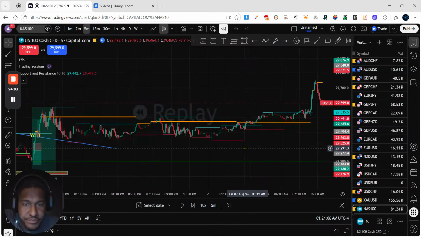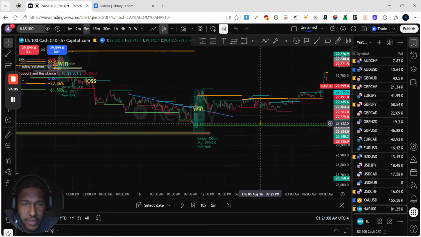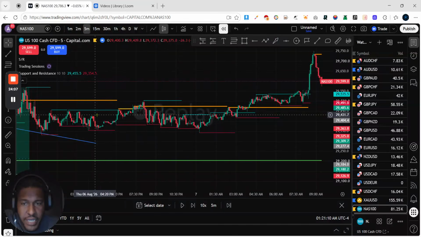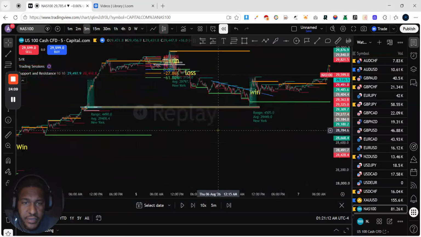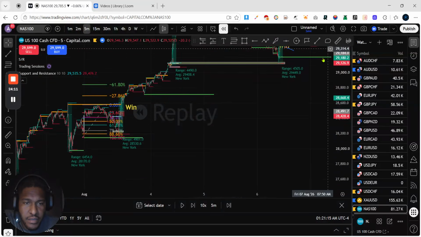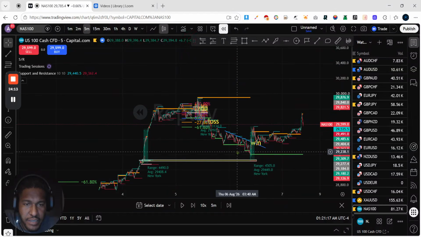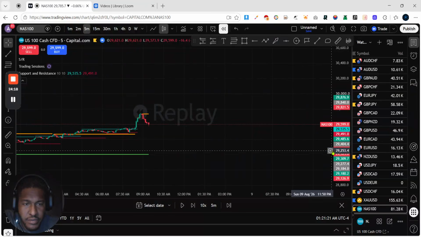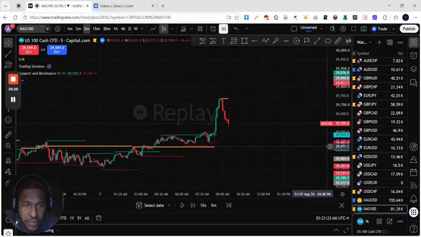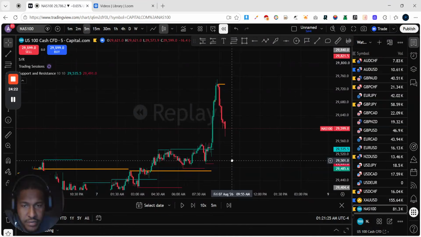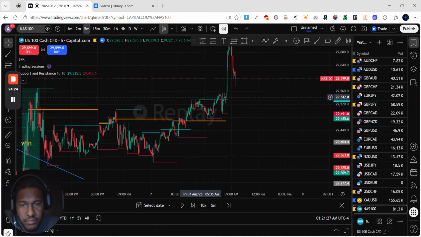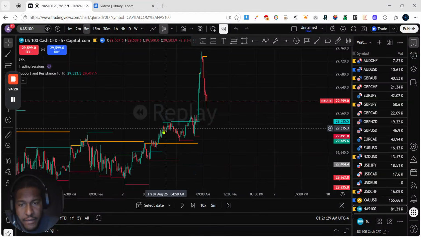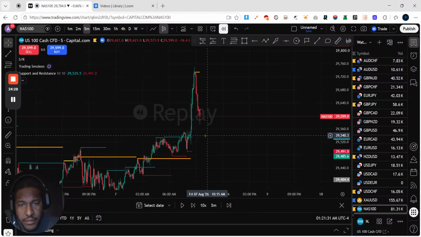All right. So we pretty much had a sideways consolidation. And we've been selling sideways consolidation. We just came up. So now we're in an uptrend. Boom. Okay, boom.